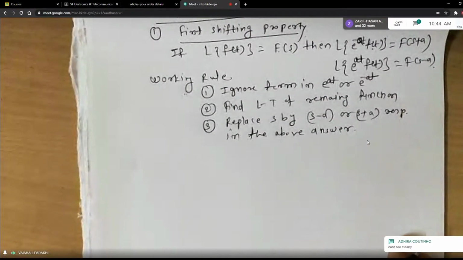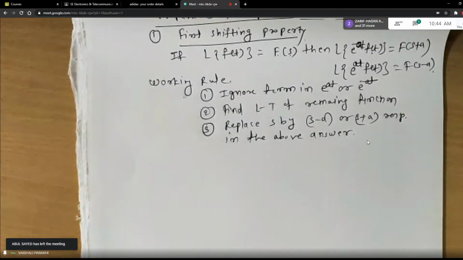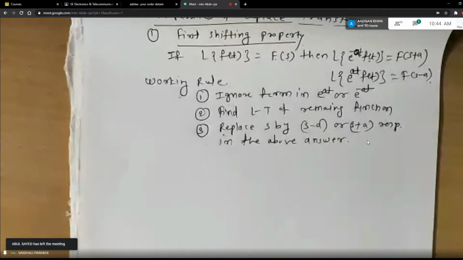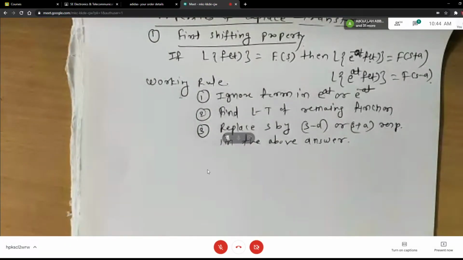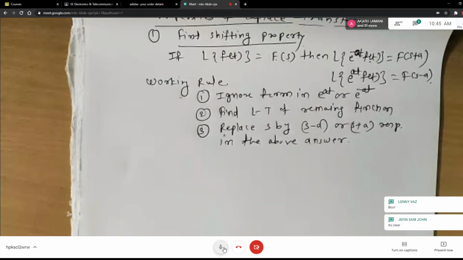Now see in this example, cannot see clearly. Who is this? Ma'am, me. I don't know if it's only from my side, but I can't see clearly the screen. Adira. What about other students? It is clear, ma'am. It's fine, ma'am. Okay, so I think Adira, Jeffin also it is blurred.